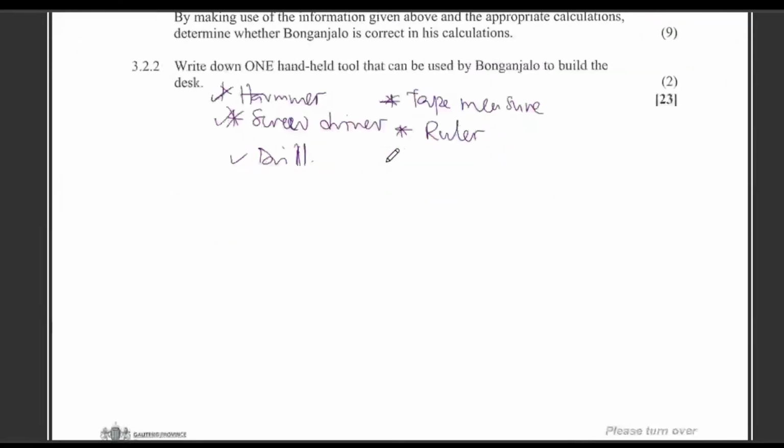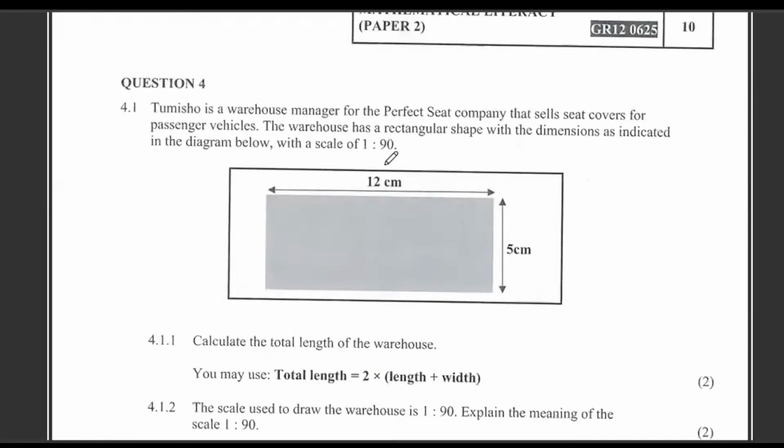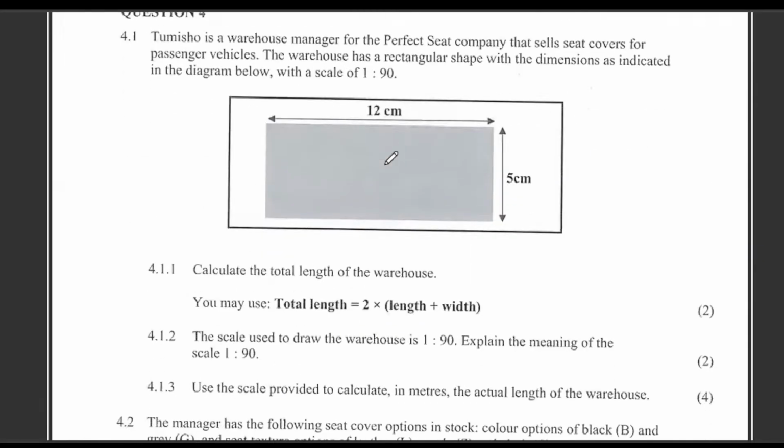Okay, let's look at question number 4. It talks of Tomiso, a warehouse manager for the Perfect Seat company that sells seat covers for passenger vehicles. The warehouse has a rectangular shape with dimensions as indicated in the diagram below, with a scale of 1:90.